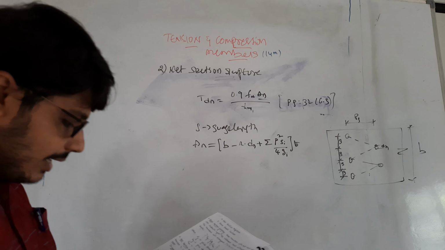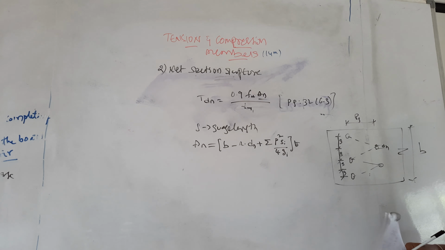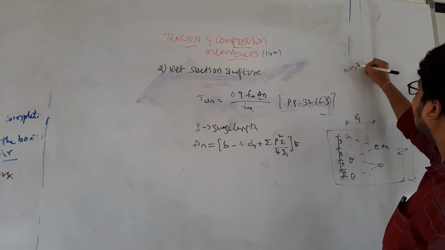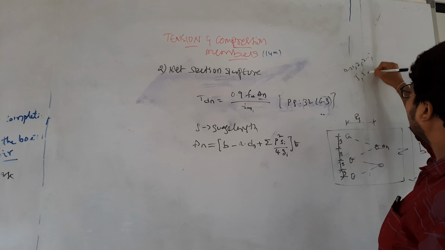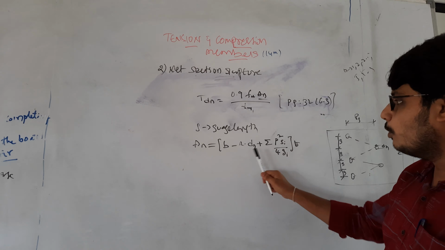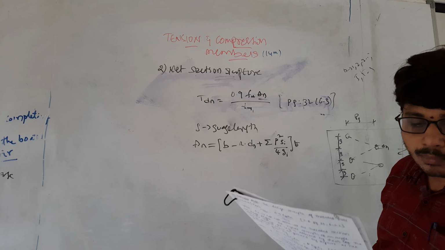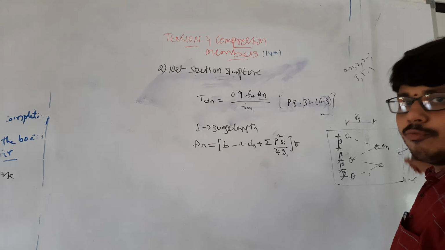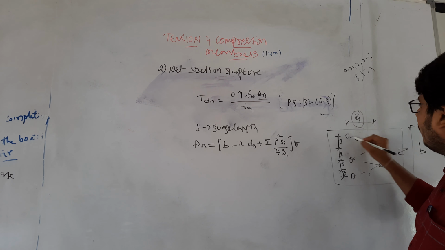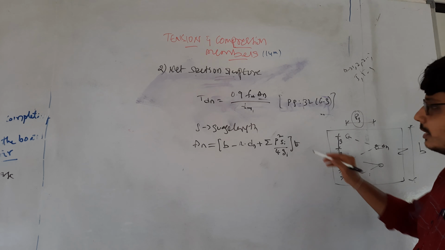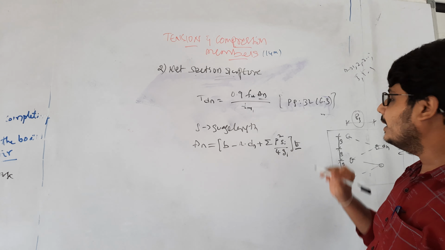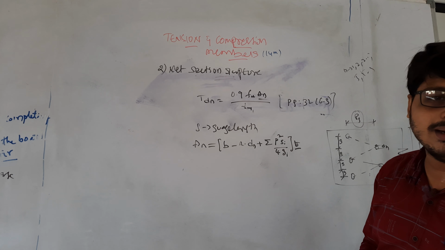Here n is the number of bolts: 1, 2, 3, 4, 5, so 5 bolts. dn is the diameter of the bolts. The summation of p squared by 4g is taken over the number of such pitches, and t is the thickness.